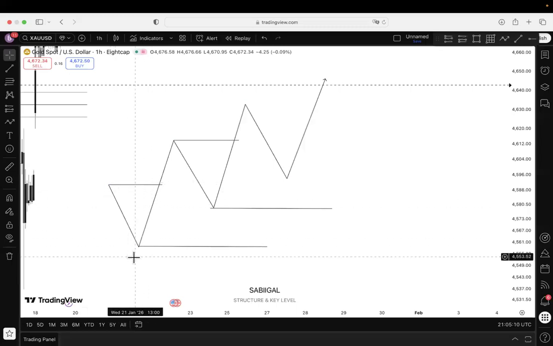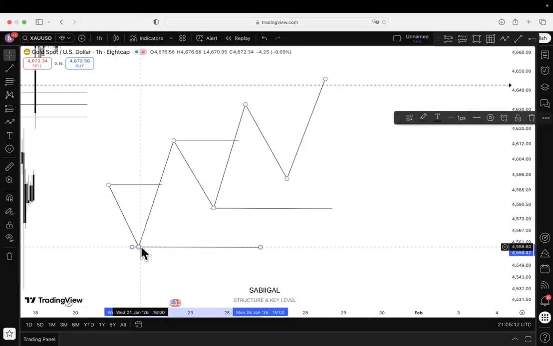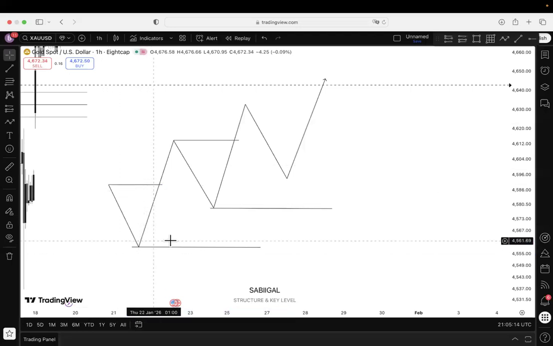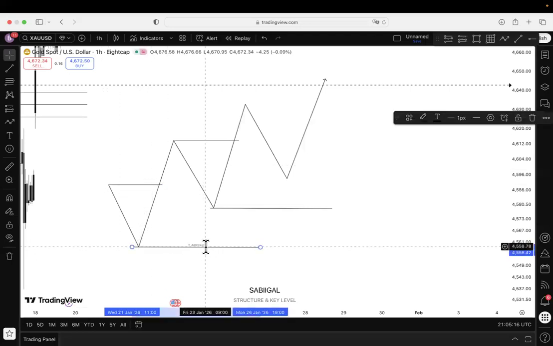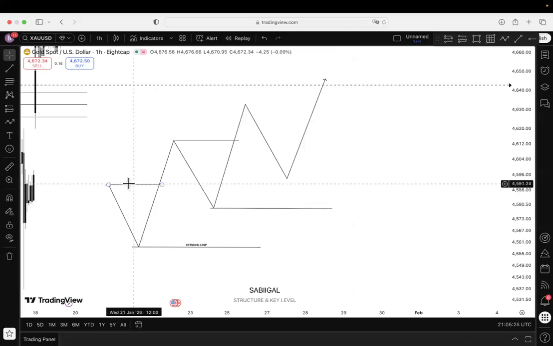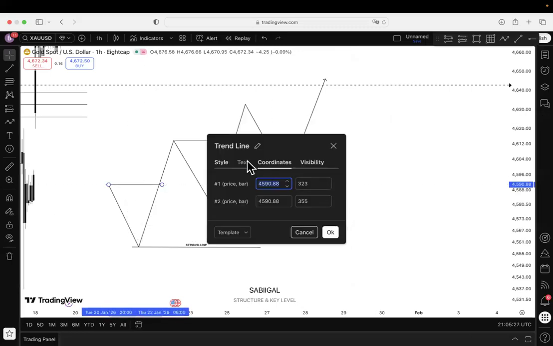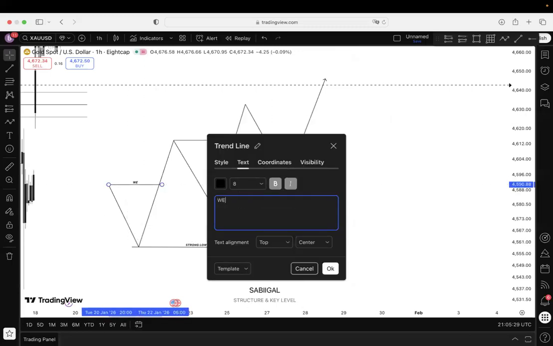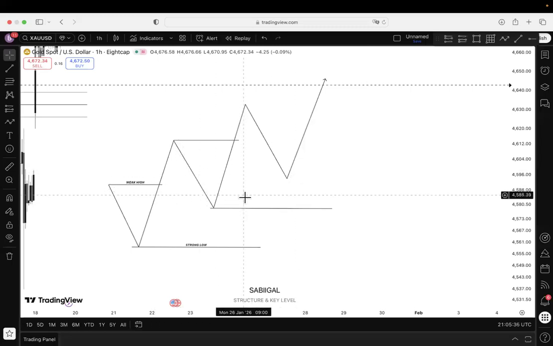So now, whenever a low breaks a high, that low is considered as strong. It's called a strong low. And the high that got taken out is considered a weak high. Simple. It goes on and on.